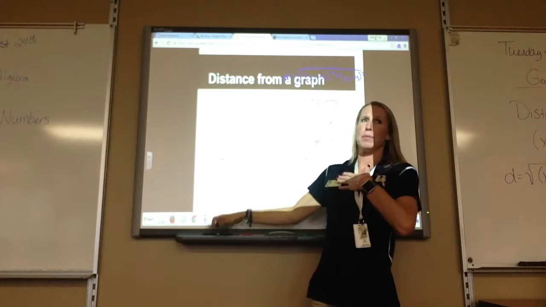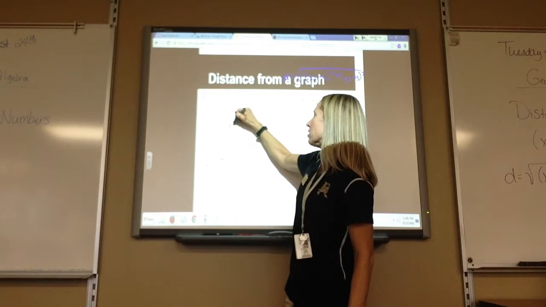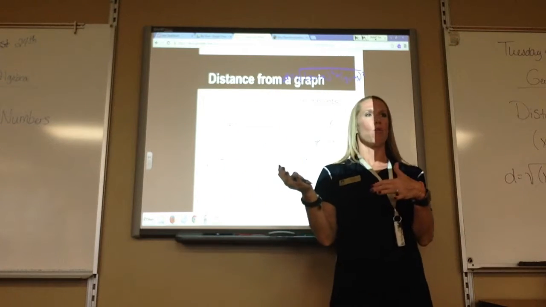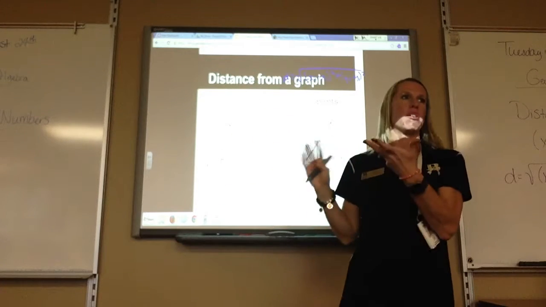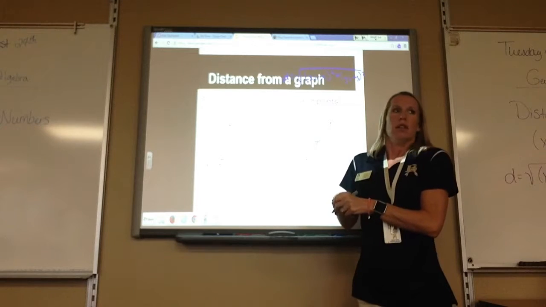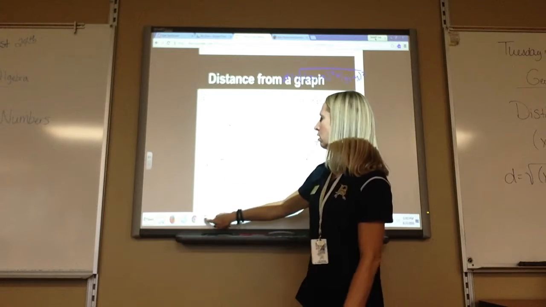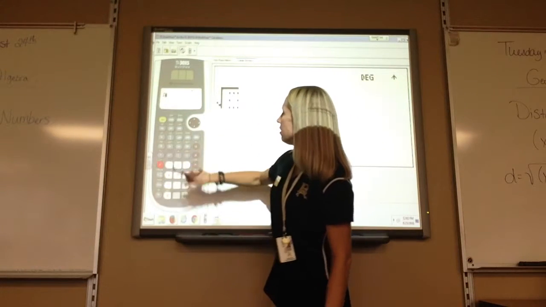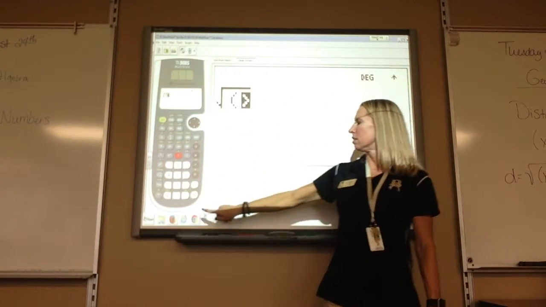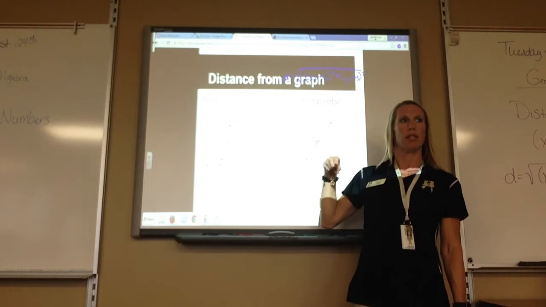And then again, it helps me to label my points, x1, y1, x2, y2. And it doesn't matter which point you label as x1, y1, and x2, y2. Okay. So, lime green second button, x squared. I do parentheses. I've got to do x2 minus x1, so what am I subtracting?